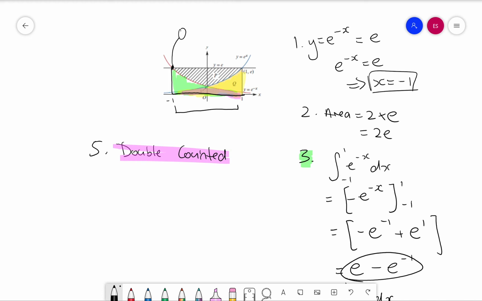We can find this area first, so that's the bit underneath the blue curve between -1 and 0.